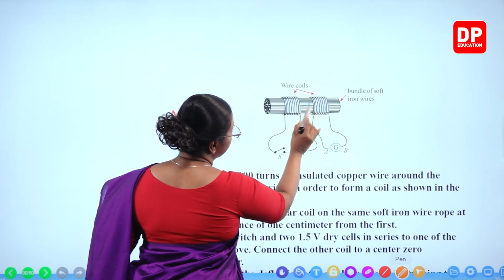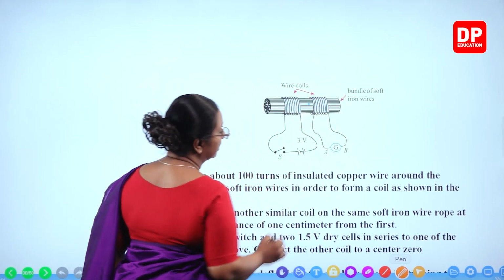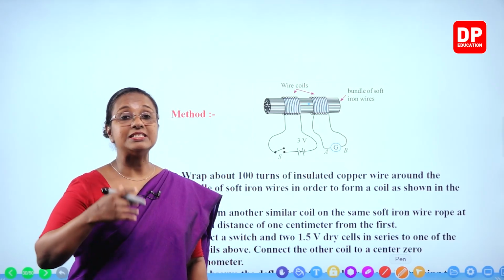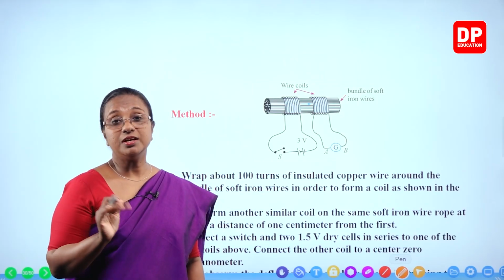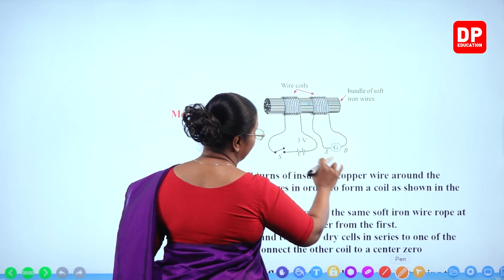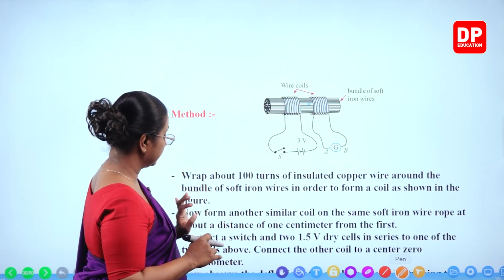Then there is a space. Then we make another coil that is connected to the galvanometer. Now the galvanometer, you all know, indicates the current flow as well as the direction of the current flow. So that is why we use the galvanometer. So that's how we connect it.